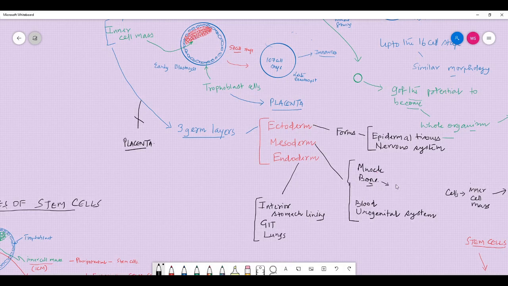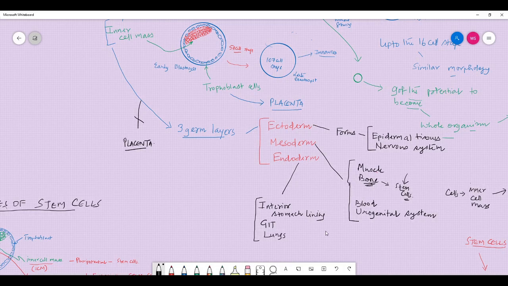Within terminally differentiated tissues there are stem cells. So bone not only contains terminally differentiated cells, it also has some number of stem cells.